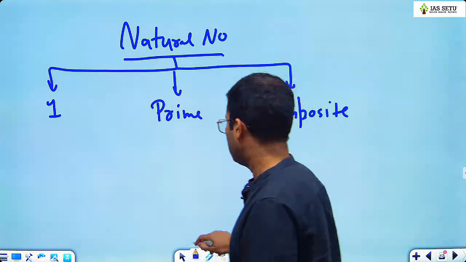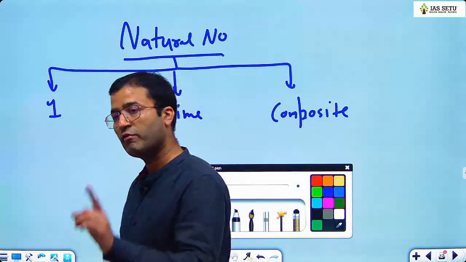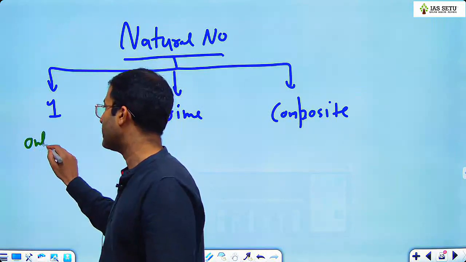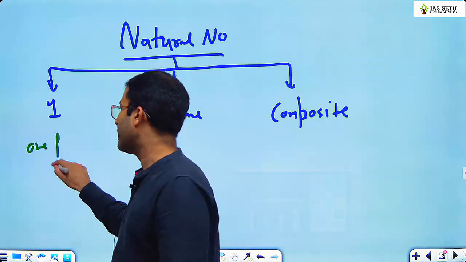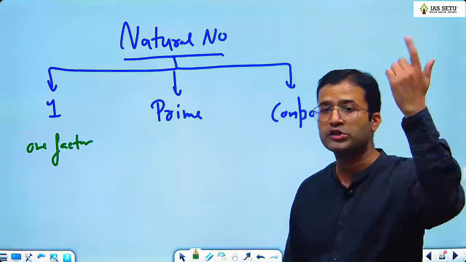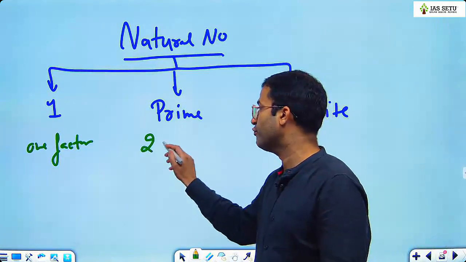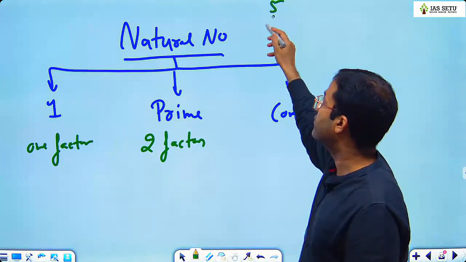See here, this categorization is based on number of factors. One has only one factor. I think all of you know factor means divisor. One factor. Prime numbers are those natural numbers which have exactly 2 factors. Like 5. Factors of 5 are 1 and 5.